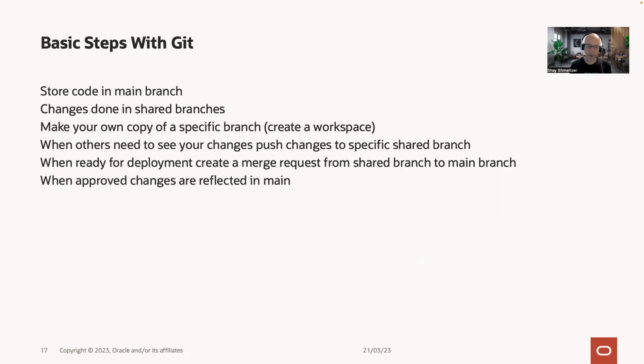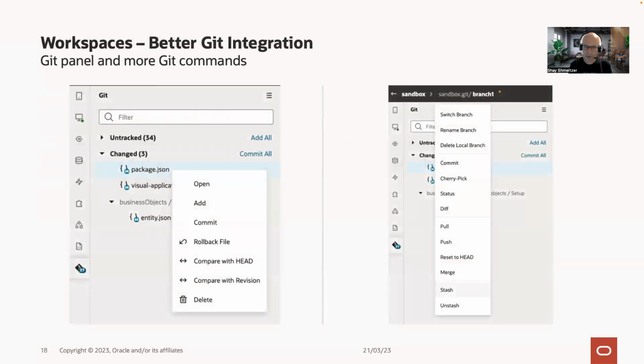Usually the step of taking the changes from a branch and bringing them back into the main branch is done through what we call a merge request. Other people call it a pull request. That's basically a stage where people can look at the changes you do, review them, and approve them before they get merged into the main branch. And we're going to run through all of those steps in a demo in a few minutes.